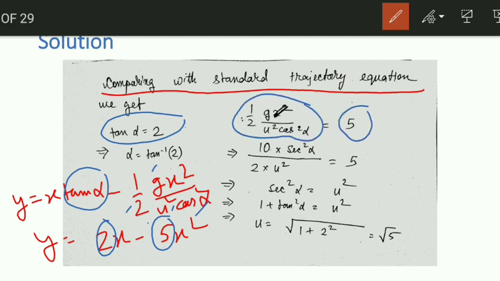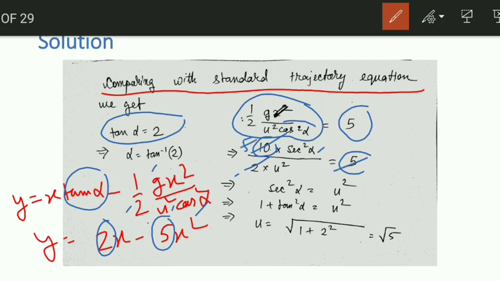Minus and minus will cancel. So g we are putting the value as 10. This is 2. This cos square alpha, I have put it in the numerator as sec square alpha. I'll tell you why. And it is 5. So 10 by 2 is 5, and 5 and 5 will cancel.